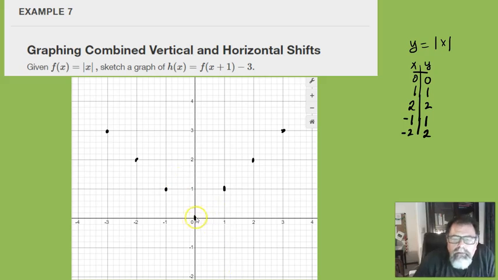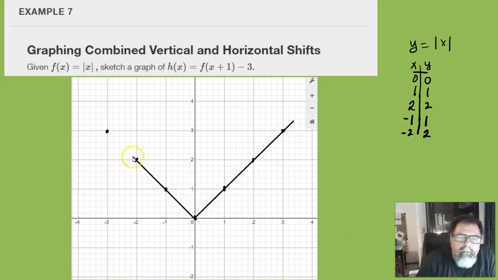And then I'm going to get a V. Okay, so that's my absolute value function.